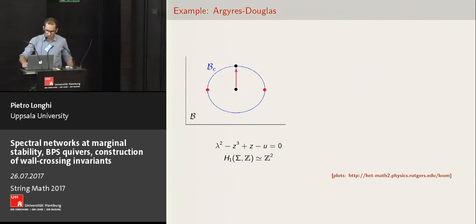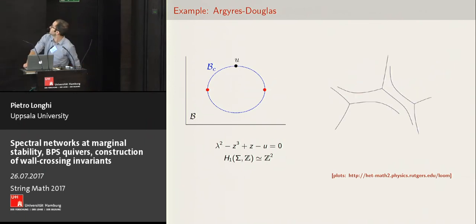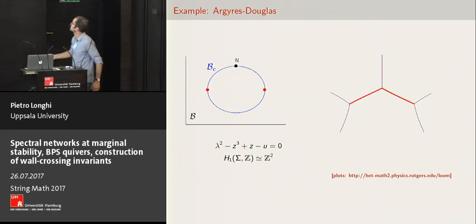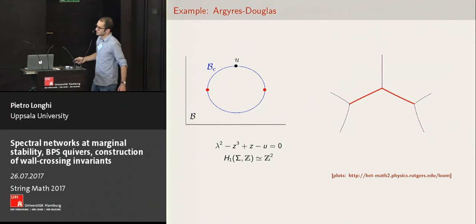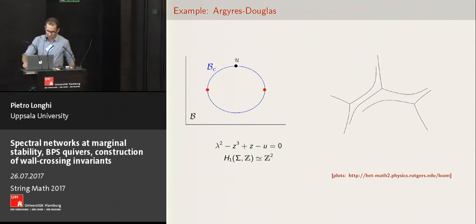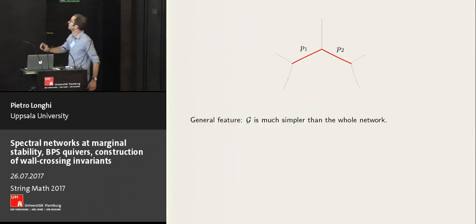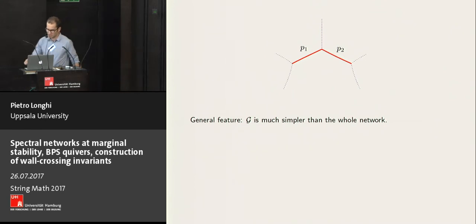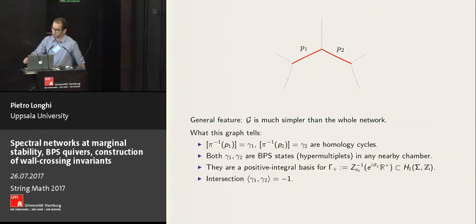Then if we move on to the critical locus, and we study again the spectral network, we see there's a single jump, where both of those edges now appear simultaneously. So that is the BPS graph of this theory. It's very simple, and that's actually an important property of BPS graphs. And nevertheless, it encodes some interesting information.